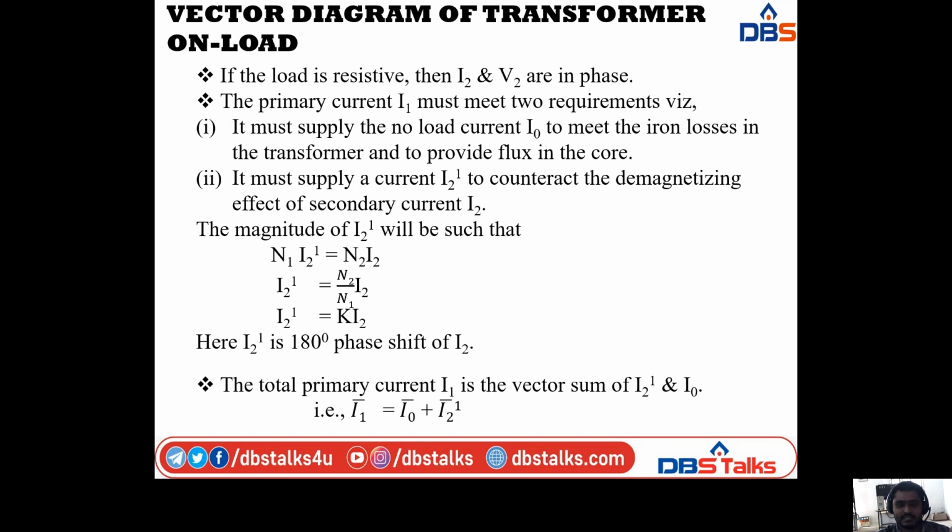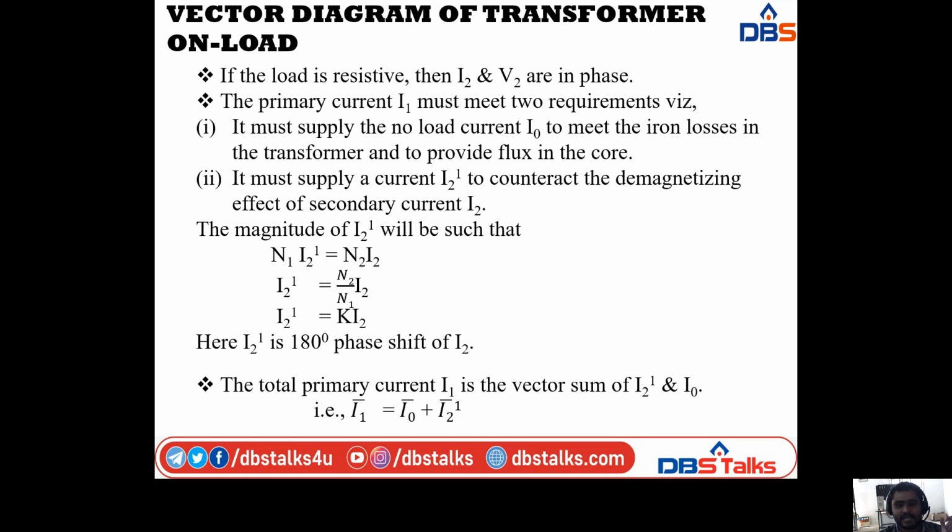So you know already these things. The magnitude of I2 dash will be such that N1 I2 dash is equal to N2 I2. From this I am writing I2 dash is equal to N2 by N1 into I2, that is I2 dash is equal to K into I2, since from the transformer ratio N2 by N1 is equal to K. Here I2 dash is 180 degrees phase shifted from I2.